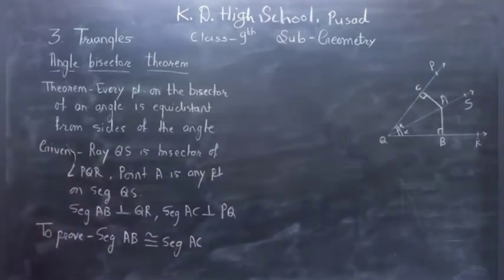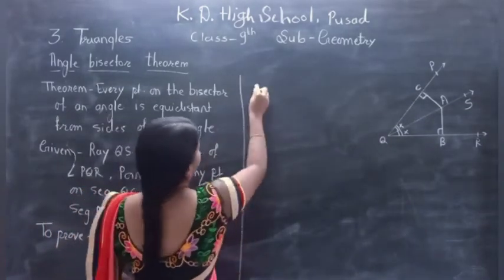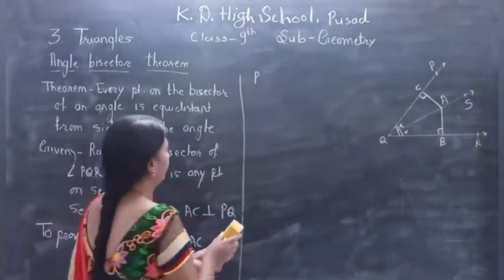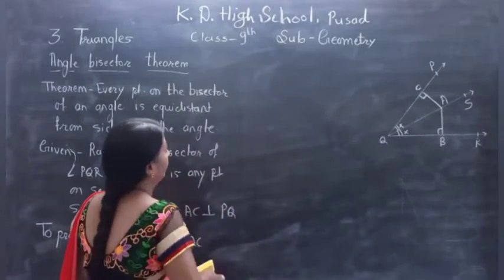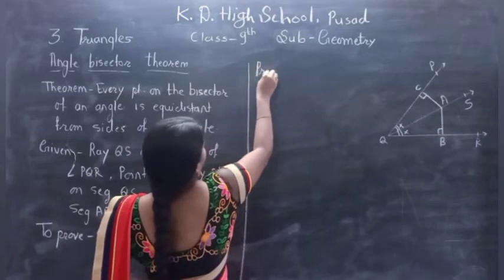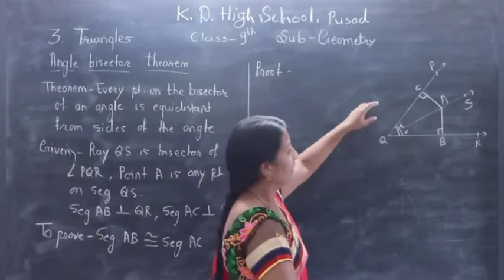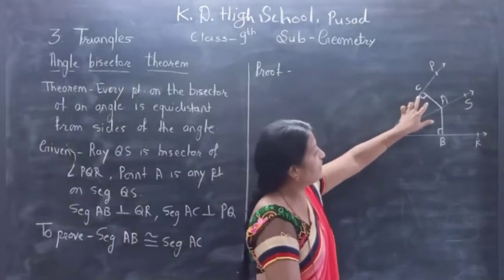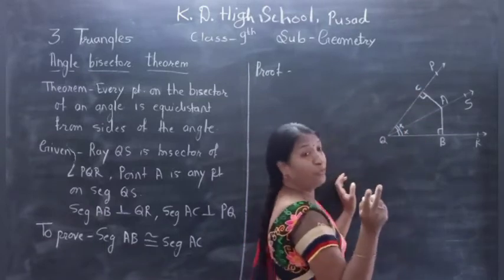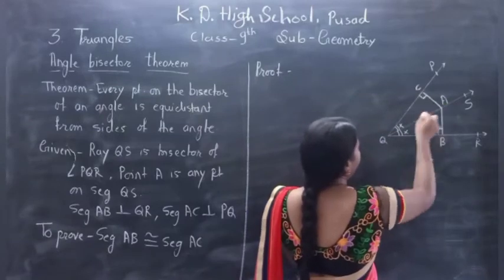Okay. Now see, proof. Because of that AC and AB, here we observe that we get two triangles, triangle AQC and AQB.